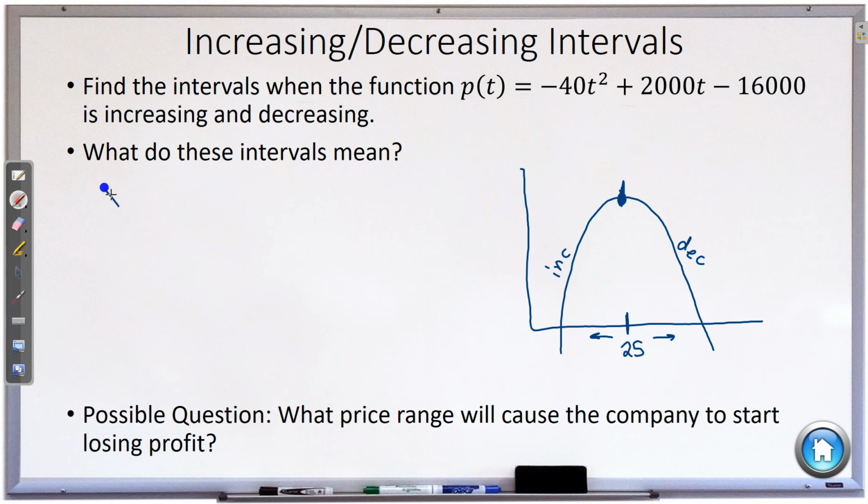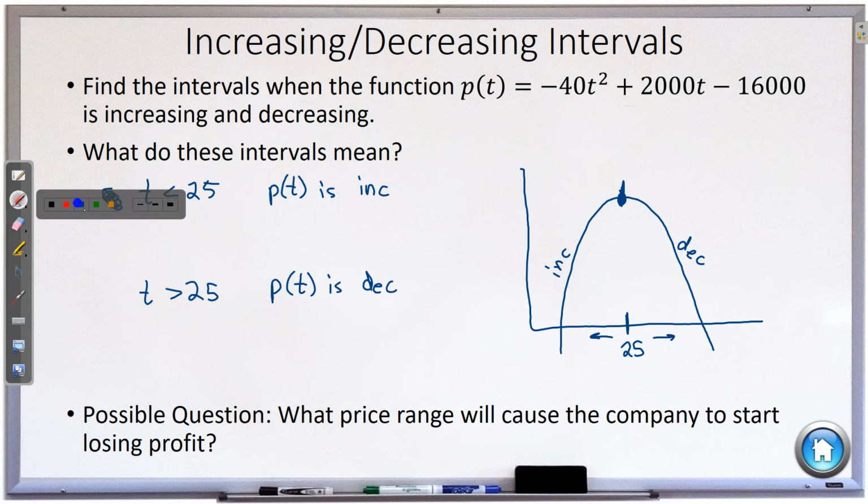So, I'm not going to use x, I'm going to use t. If t is less than 25, then P at t, our profit curve, is increasing. And when t is greater than 25, on the other side, P at t is decreasing. Now, what does that actually mean in the context of our profit curve and the ticket prices?